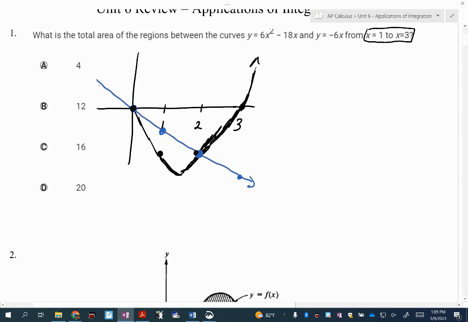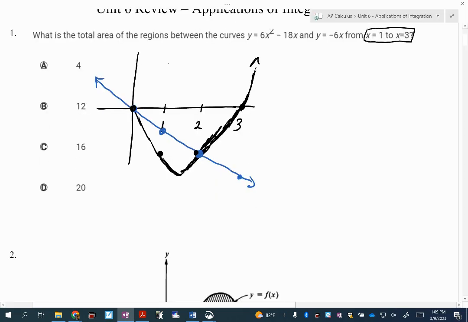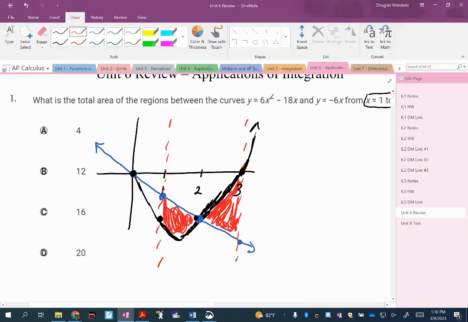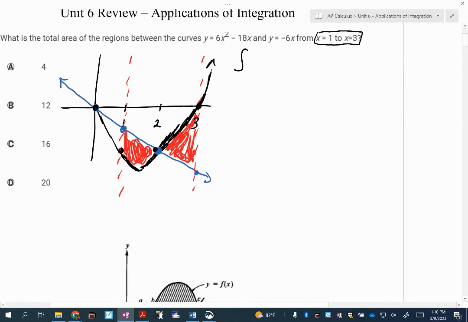And the key takeaway from this sketch is we're trying to find the area between 1 and 3. If you look at that area, that's this one first, from 1 to 2. And then it switches from 2 to 3 in terms of which function is on top. So to do this, I need to actually set up 2 integrals.